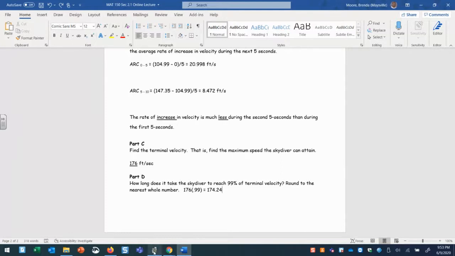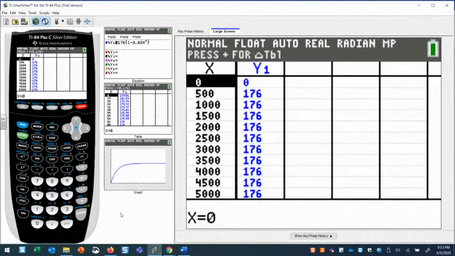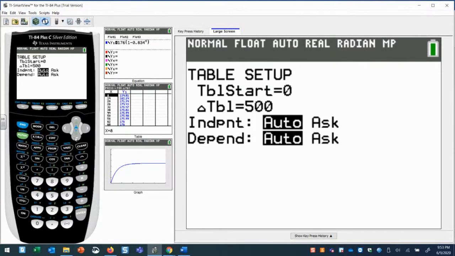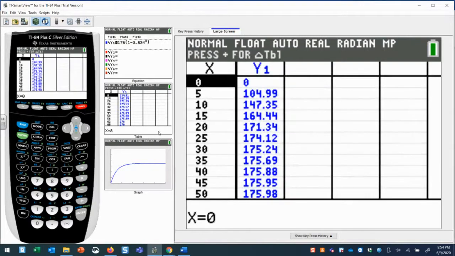Let's go to our calculator and see. I'm going back to my table set, and I'm going to change that back to 5. I had 5 earlier, my delta. Now, let's look at our table one more time. We want to find when our velocity will be 174.24, which is between 25 and 30.